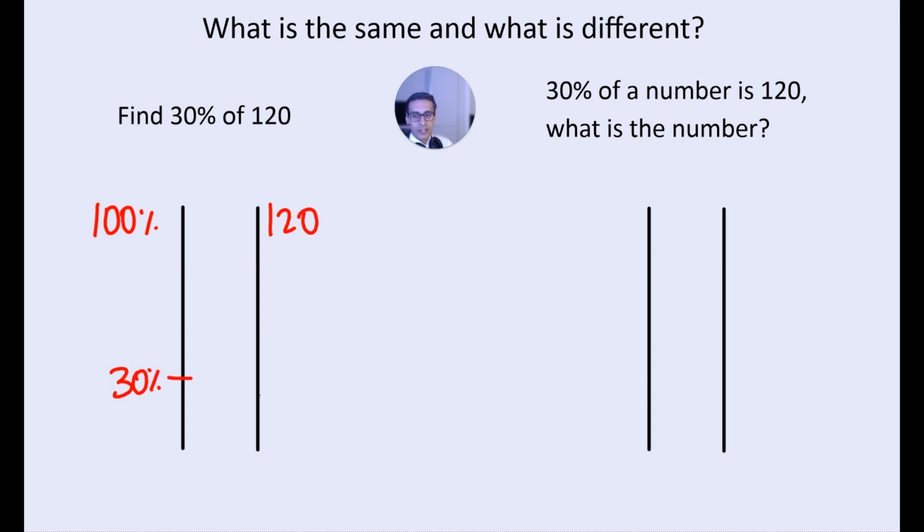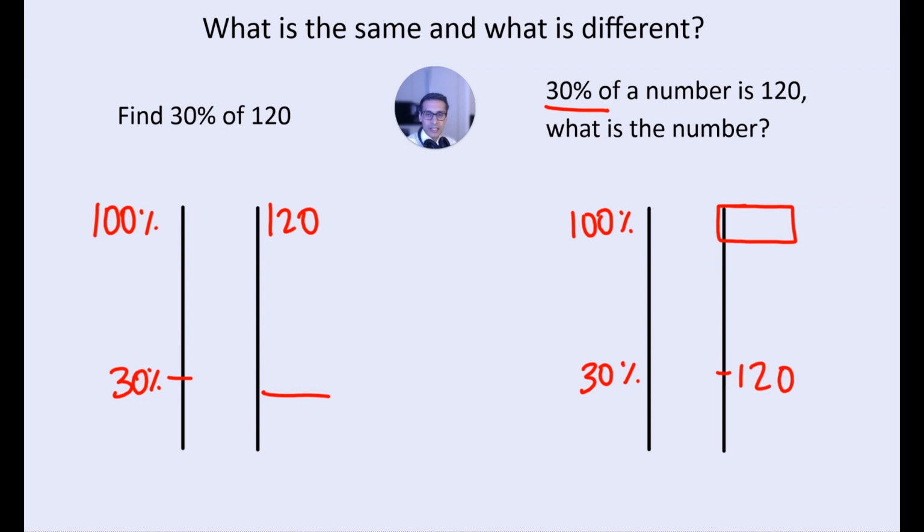In this type of question, we're saying 30% of some number, so 100%, we don't know what the amount is, but we know that 30% of it is equal to 120. So this is the key difference here. In this case, you're given 100% and you're finding 30. In this case, you're given 30% and you're finding 100.